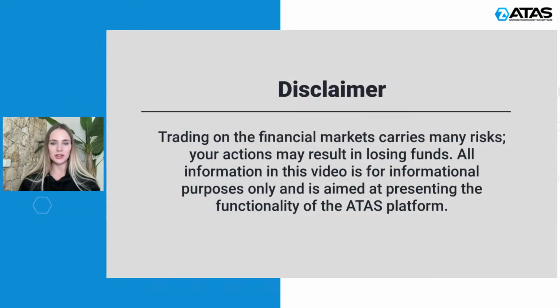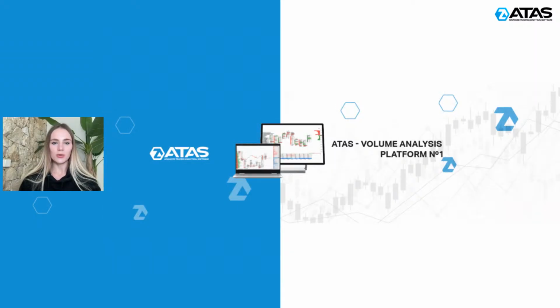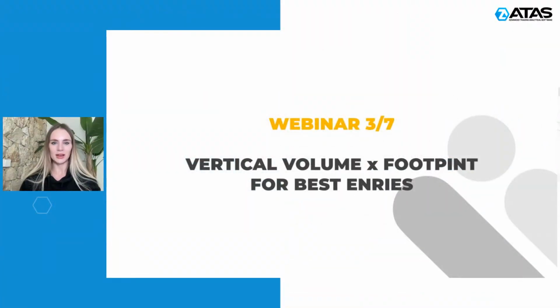Now, let me switch our screen just like this. So first things first, what we are going to be covering today is what most traders have seen already, but usually they don't know precisely how to use it. It's vertical volume bars in combination with a footprint for your best possible entries. Most traders already had some experience with vertical volume.